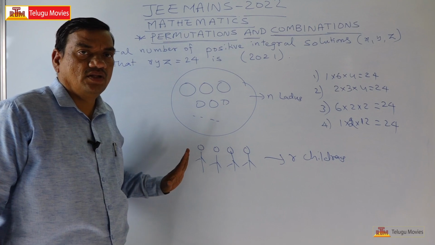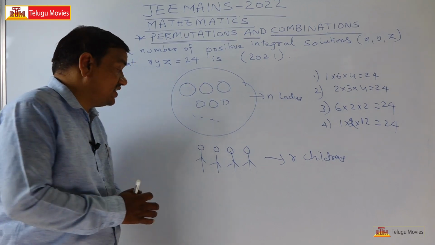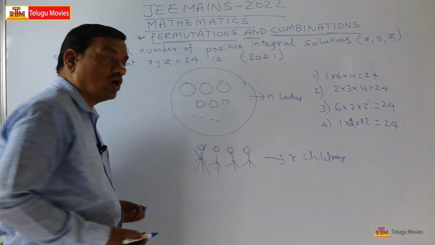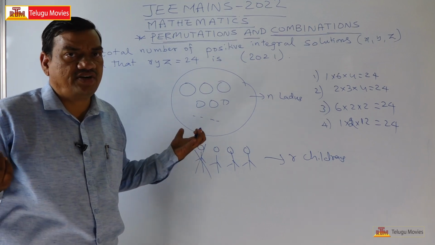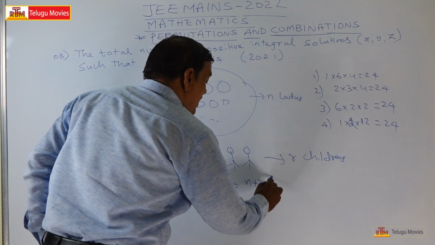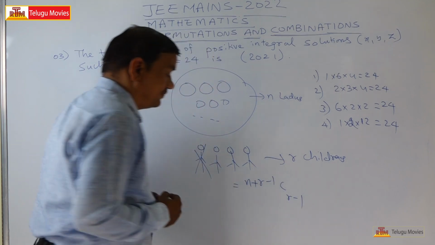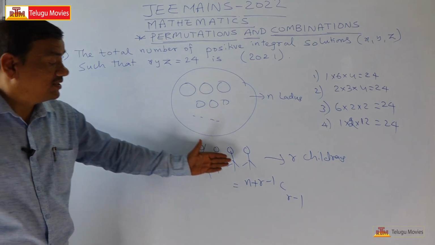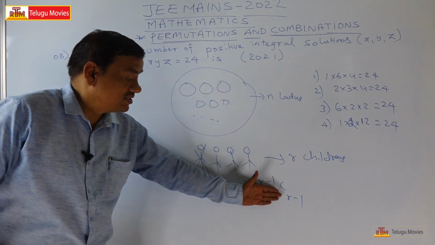That is the main thing. I am giving the condition that the student may or may not get the chocolate. So this can be done in n plus r minus 1 C r minus 1 ways.